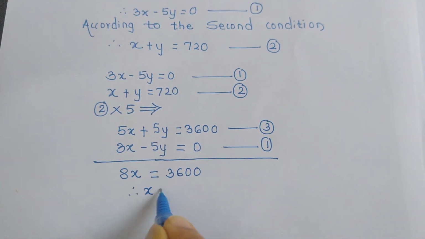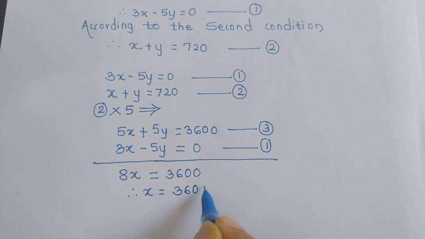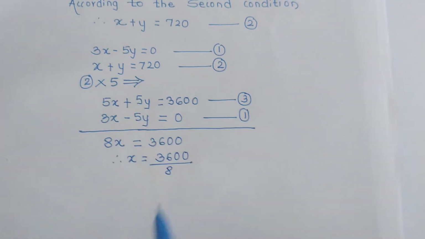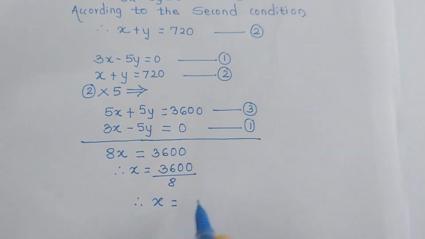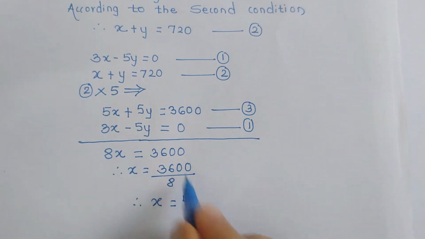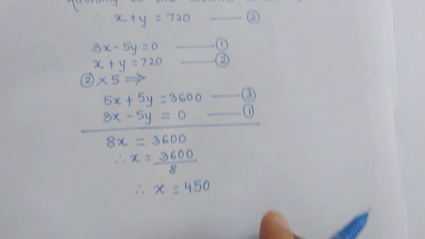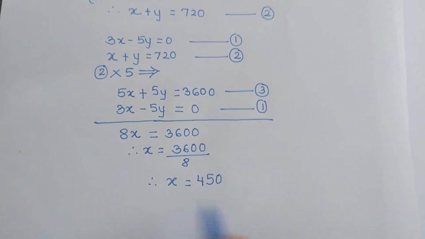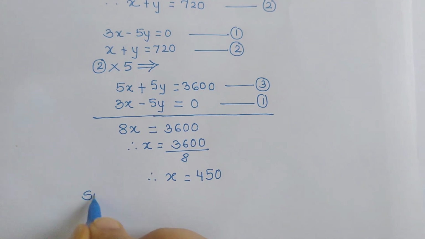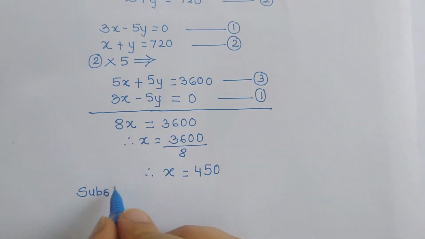So therefore x is 3600 upon 8, which is 450. So one unknown variable we have got. The step to find the second unknown variable is substituting the value in one of the equations.